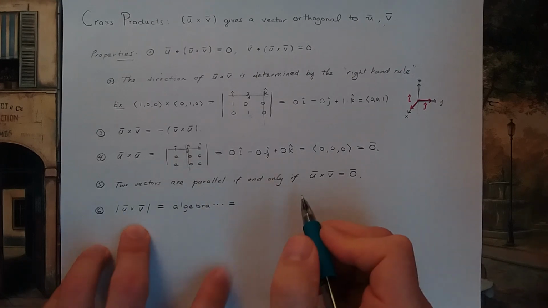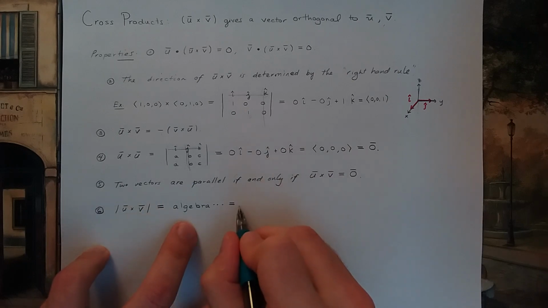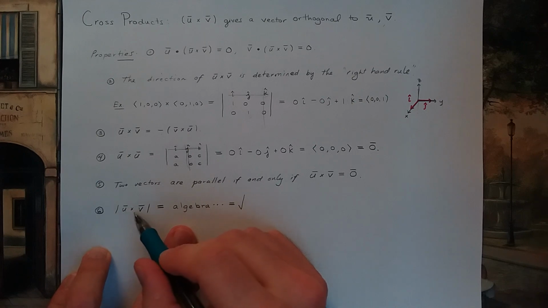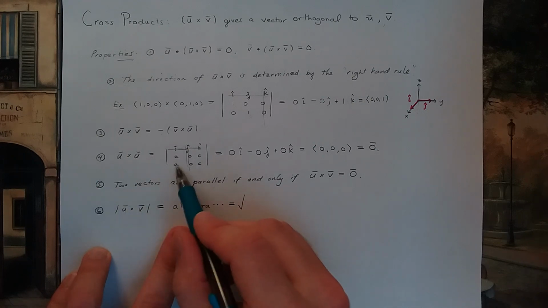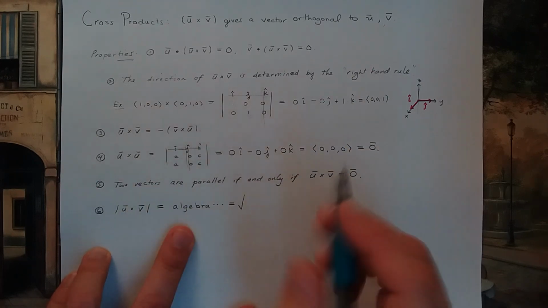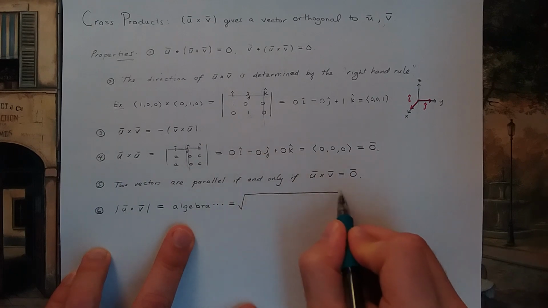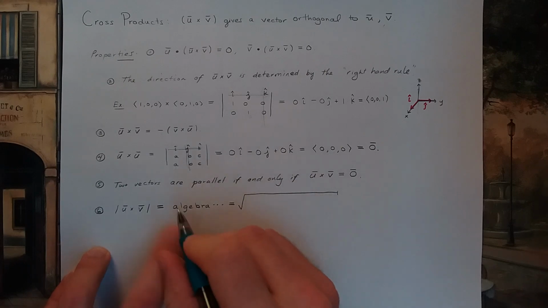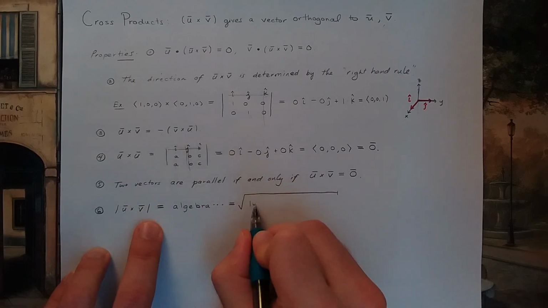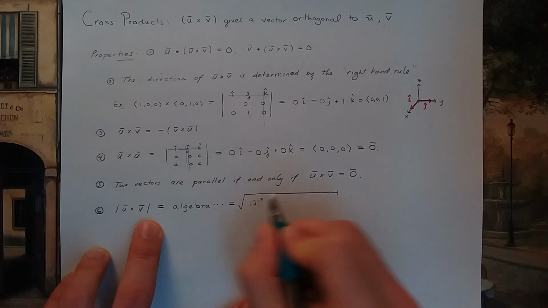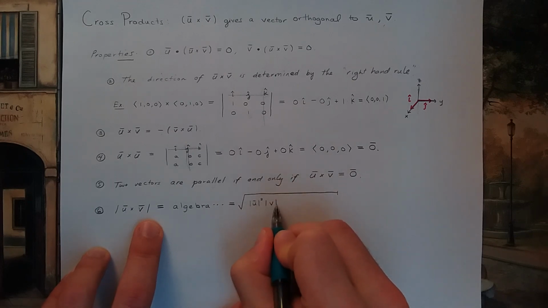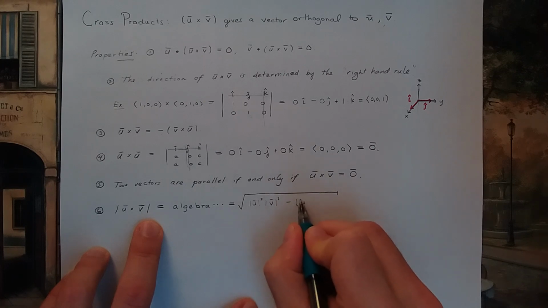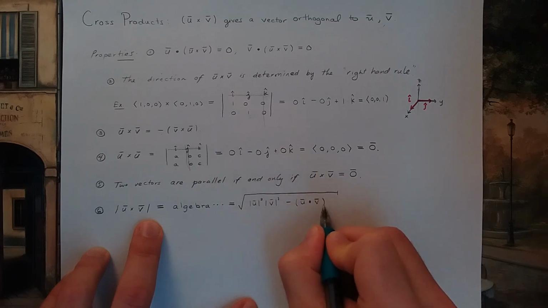It's kind of messy, but if you did a bunch of algebra just by expanding the cross product, writing U as A, B, C, write V as X, Y, Z, do all the calculations, it'll turn out that you could simplify things and get the magnitude of the cross product is the square root of the magnitude of U squared times the magnitude of V squared minus the dot product of U and V squared.